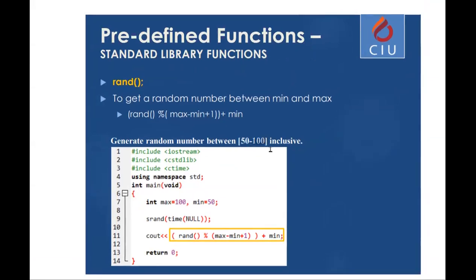You need 50 more. So basically you say 50 plus random number range 51. Both ways work. And you can also put the same thing in here. So 100 minus 50, 50. Plus 1, 51. Plus 50. So it is the same logic.